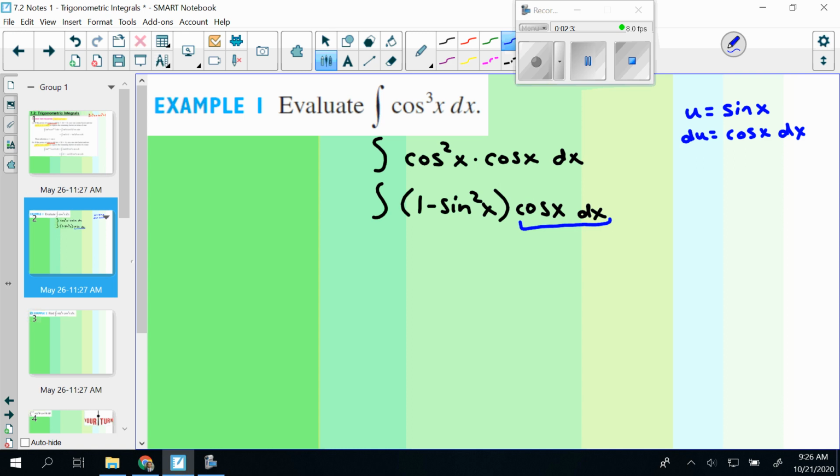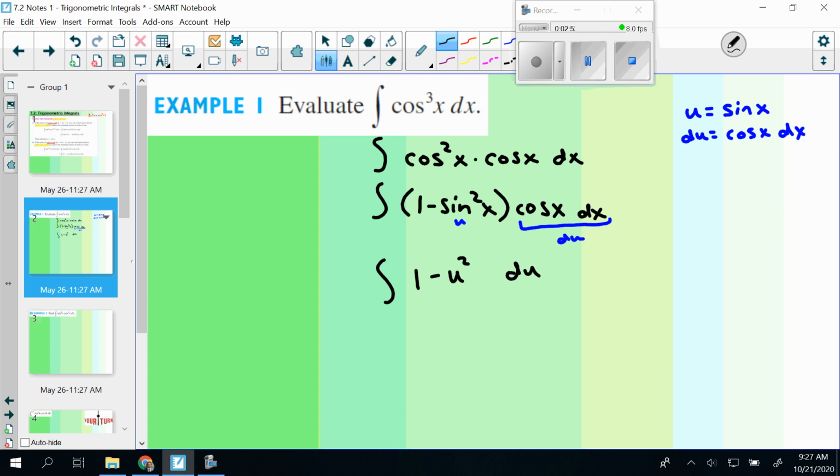That's why we left one of those. So that'll turn into our du, and sine will turn into our u. So now our integral becomes 1 minus u squared, and then the cosine x dx all turns into our du.